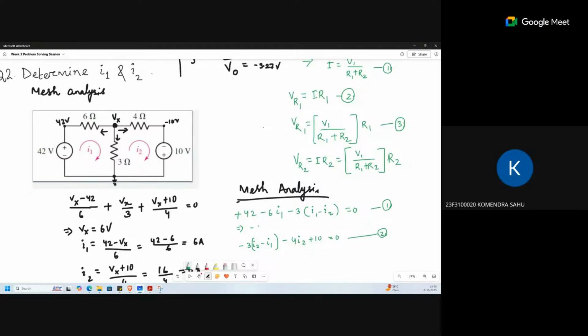Let me write it so it will be easy for others to understand. Minus 9 I1 plus 3 I2 plus 42 is equal to 0. So finally, how much are you getting?